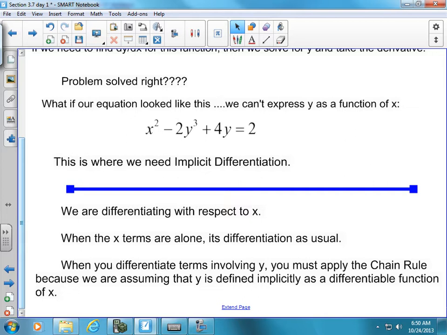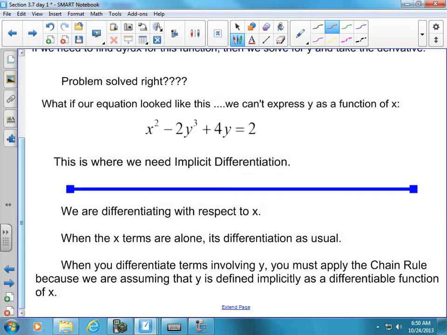A couple things about implicit differentiation. Always remember we're differentiating with respect to x. When x terms are alone, you just differentiate as usual. But when you're differentiating terms involving y, you have to apply the chain rule because y is a function, and we assume that it is defined implicitly.